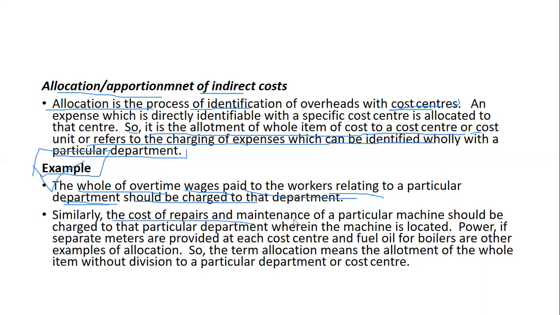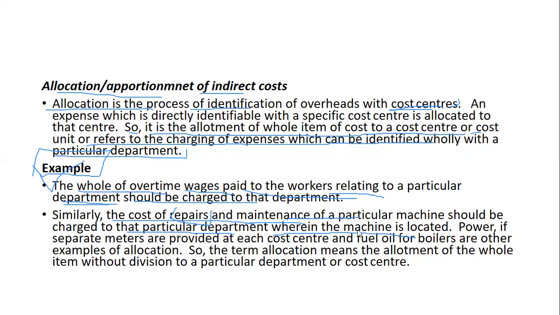Similarly, again, the cost of repairs and maintenance of a particular machine should be charged to that particular department wherein the machine is located. Okay, so we should allocate to that department where the machine is located. That is where we charge the cost of repairs and maintenance 100%.